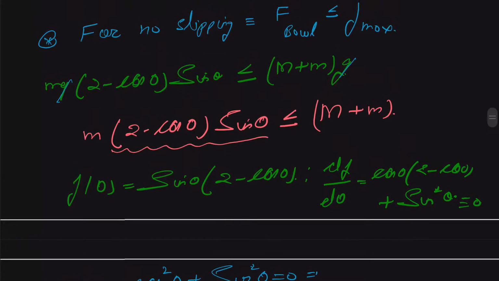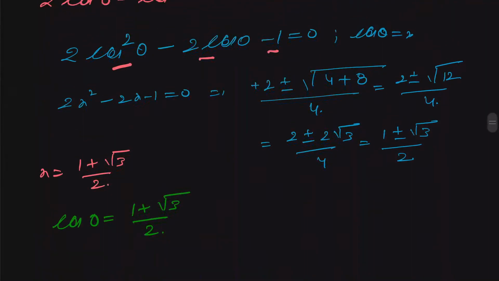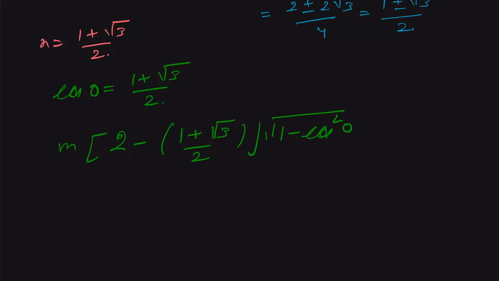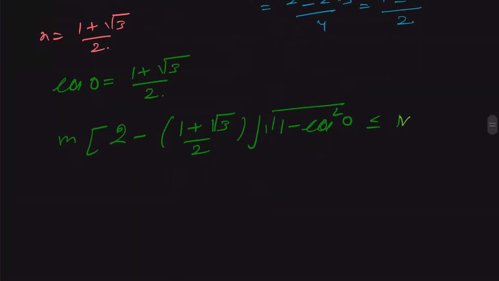And so we can solve this. So we can write this as our M(2 - (1 + √3)/2), and our sine we can write as the square root of 1 - cos² θ, and divided by 2, and less than or equal to M + m.